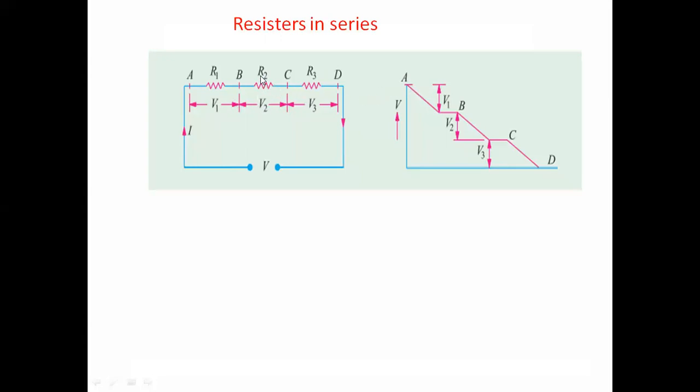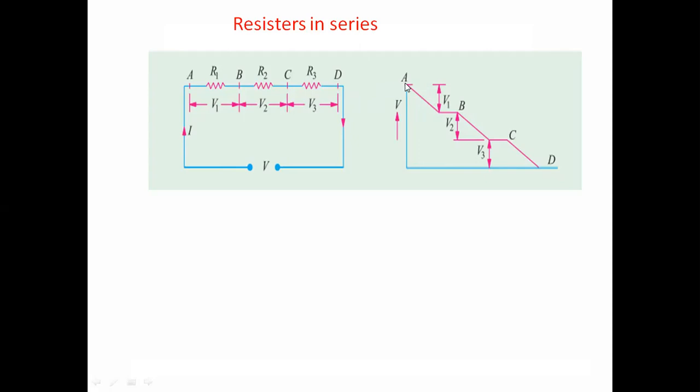R2 is connected between B and C, and due to current I and applied voltage V, we have some voltage drop V2. Similarly, for resistor R3, we have a voltage drop of V3. In the right side figure, we are seeing the change of V1 due to resistor R1. This is the voltage drop.